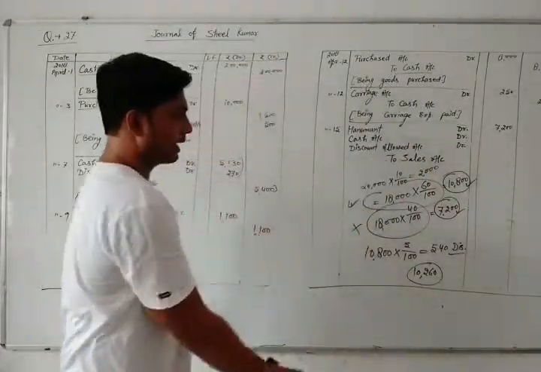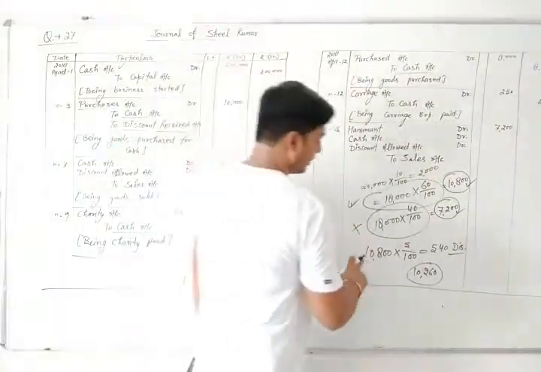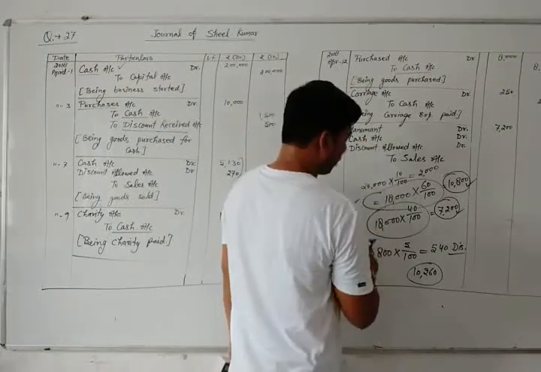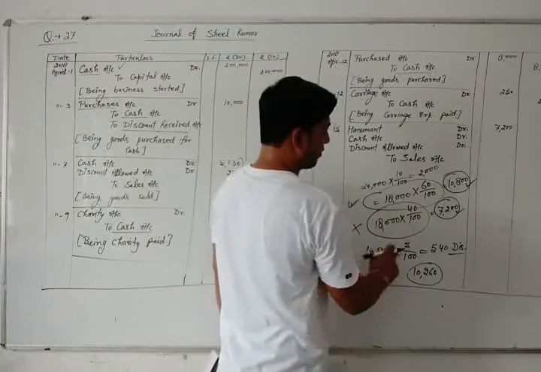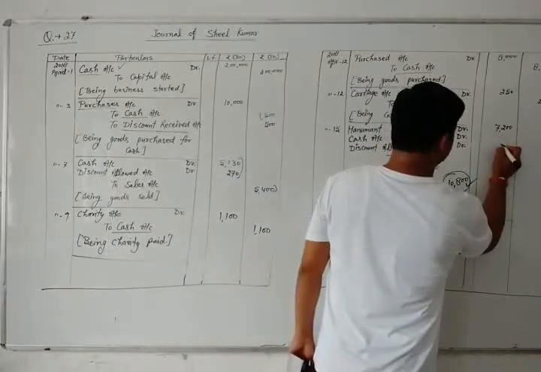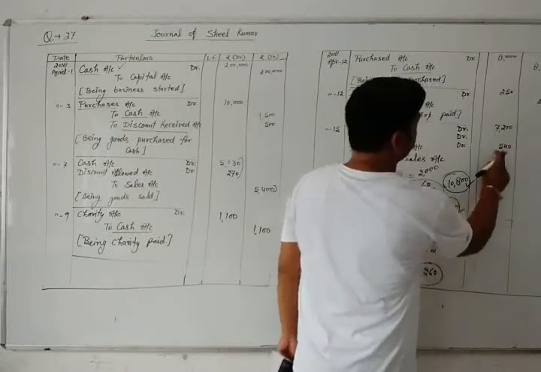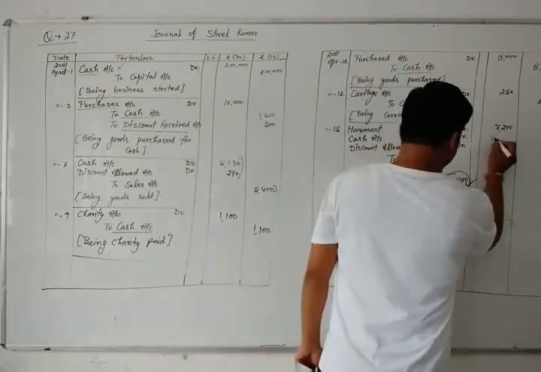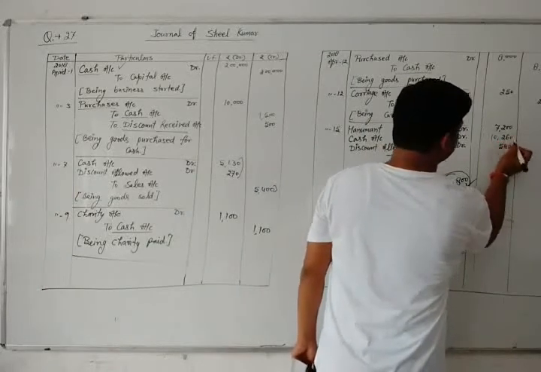So in our calculation we have already written that the 60% amount which was paid in cash was 10,800, and the 5% discount on that was 540. So after deducting this 540 from 10,800, the left amount was 10,260.